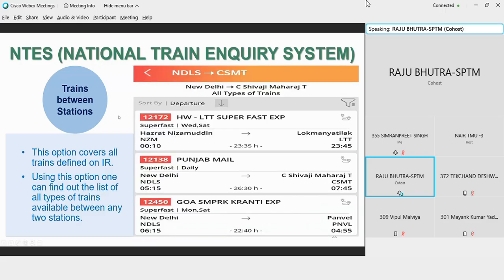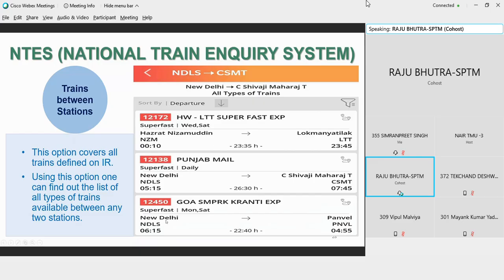For example, if we want to find out how many trains are available from New Delhi to CSMT. CSMT is Chhatrapati Shivaji Maharaj Terminus, which is Mumbai. So all the trains which are available from New Delhi to CSMT can be seen using this feature.